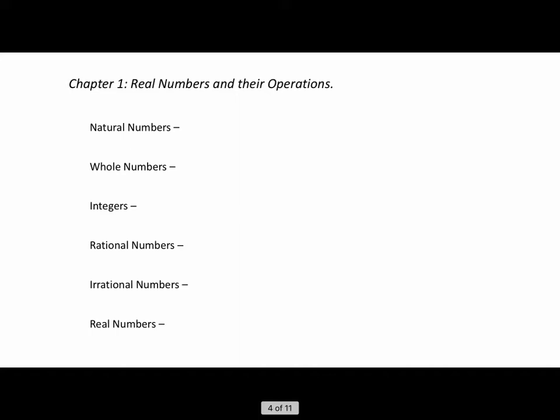So natural numbers are those numbers that you naturally learn first when you're very young. So we teach our kids how to count. We start with 1, 2, 3, 4, and we keep going up infinitely. We could keep counting, so we're going to use a dot, dot, dot to represent that the pattern keeps going forever.